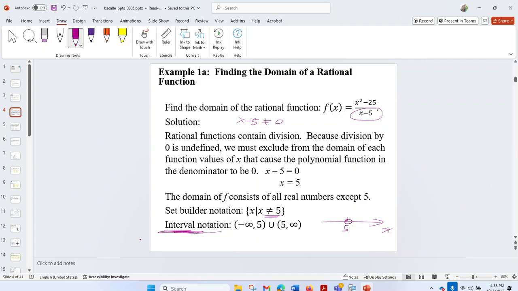emphasize one more time, okay? In interval notation, you always use the small number on the left and then a comma, and the large number on the right, okay? So this one, basically x cannot be equal to 5. So you're going to the left or going to the right, okay? Going to the left here is from negative infinity up to 5, right?